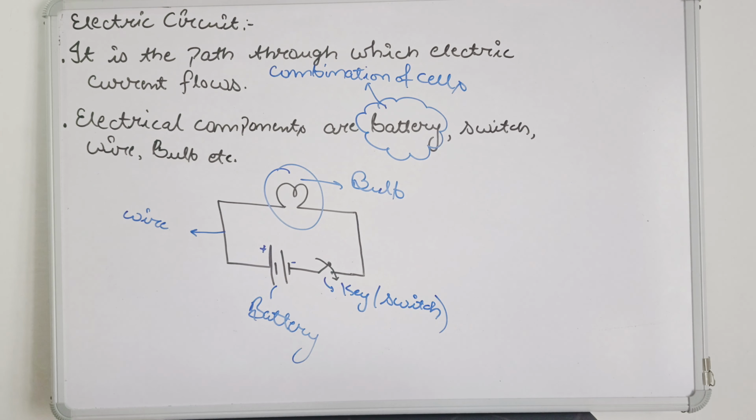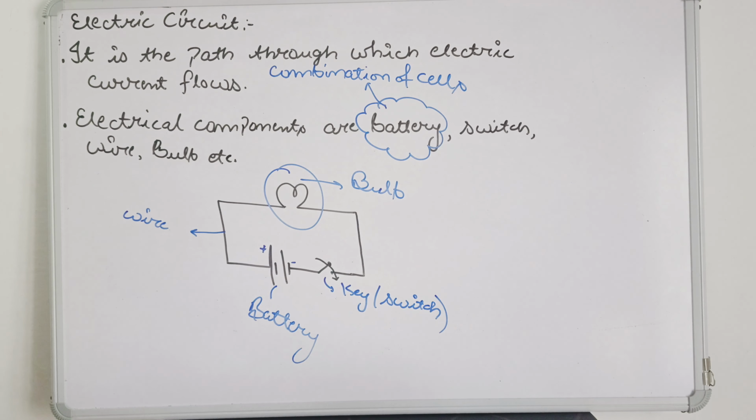What does the battery do? Battery has some chemicals stored in it. These chemicals produce chemical energy. This chemical energy is then converted into electrical energy. That is, the energy flowing in this circuit due to current is the electrical energy.